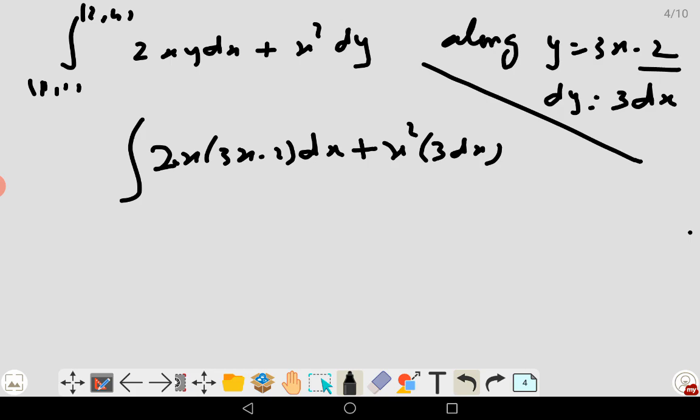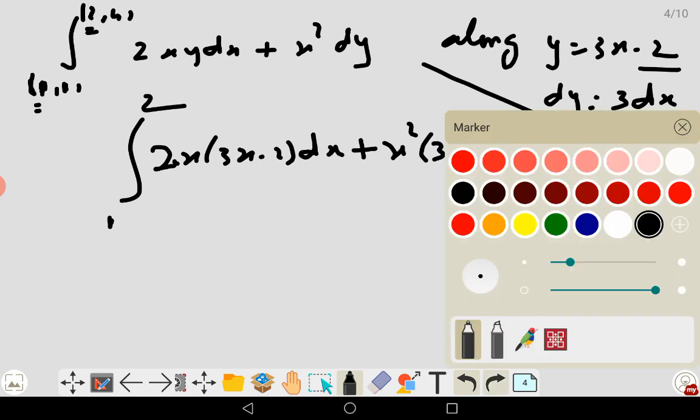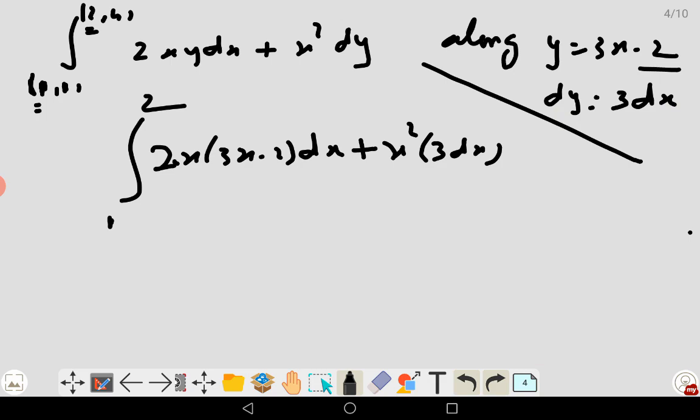So what is the limit of x? x is the first variable, the first point, x from 1 to 2, because x is lying between 1 and 2 because of the limits. Now integrate this one, check the answer. The integration has been left to you.